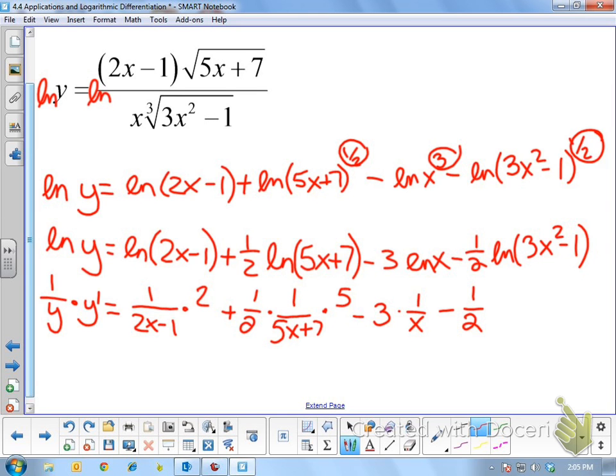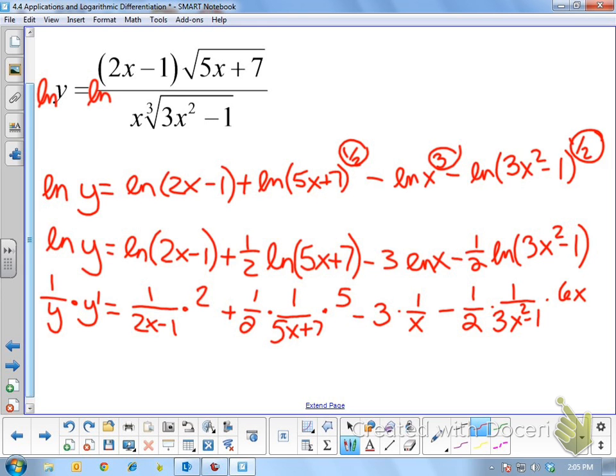Minus 1/2 times 1 over 3x squared minus 1 times 6x. So yes, still a very long derivative to write out, but taking that derivative is a lot simpler than doing all those rules together.